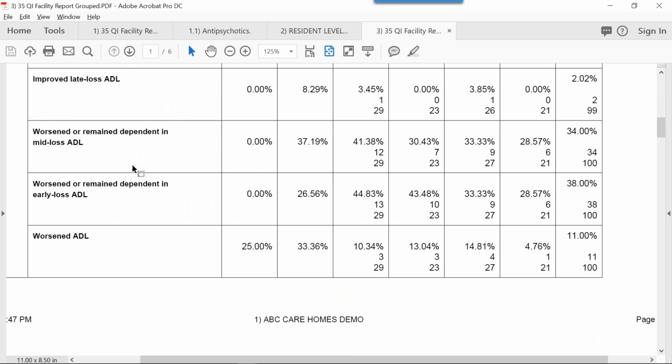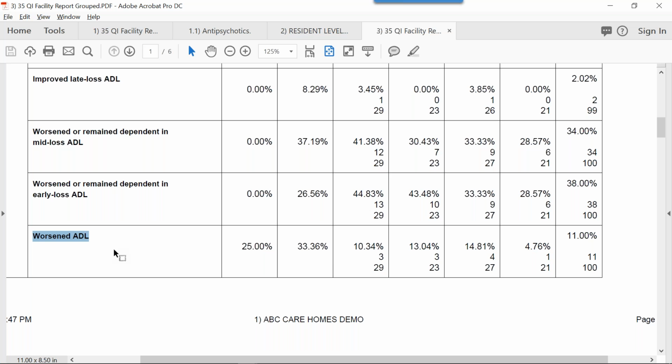I'm going to find one here, the worsened ADL. Now that one looks at 7 different ADLs, and the maximum score on that scale is a 28. I like that one because it gives you the early loss ADLs, like hygiene.